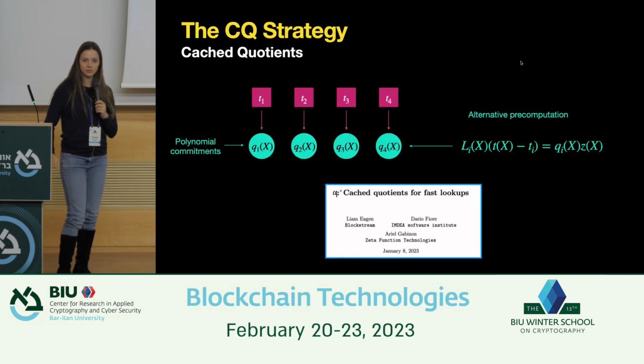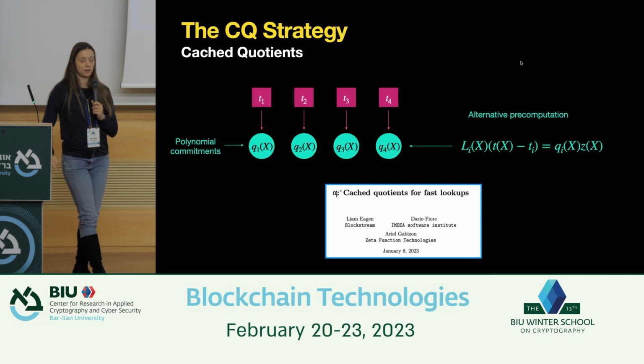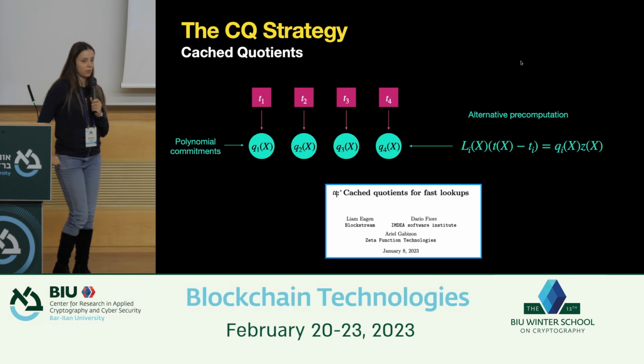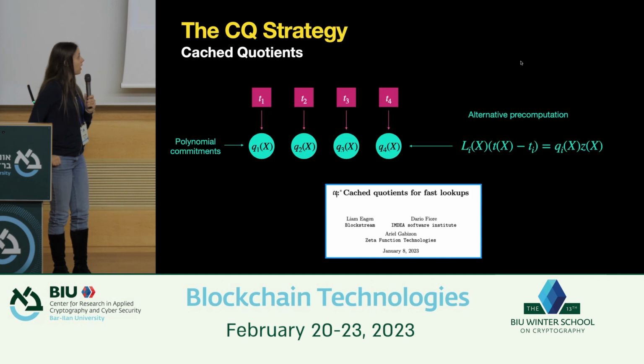The technique that I've been describing here is costing m log squared m. Very recently, I mean a month ago, there has been a follow-up work called CQ, which manages to improve on this yet again. It's taking things down from m log squared m to m log m, for m the size of the table.